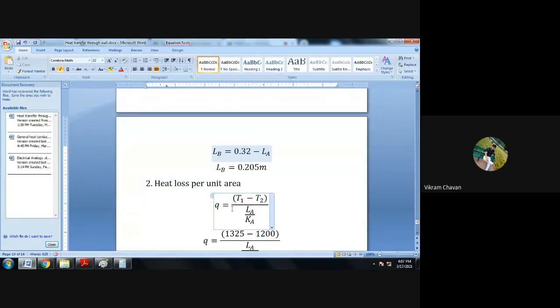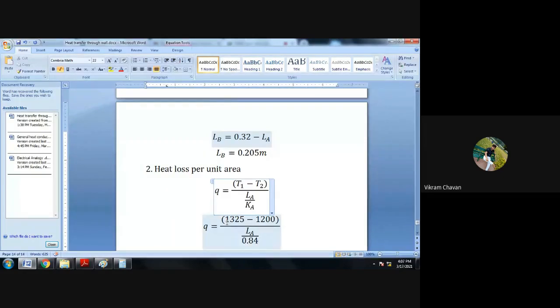T1 we know, 1325, and T2 also we know, 1200.